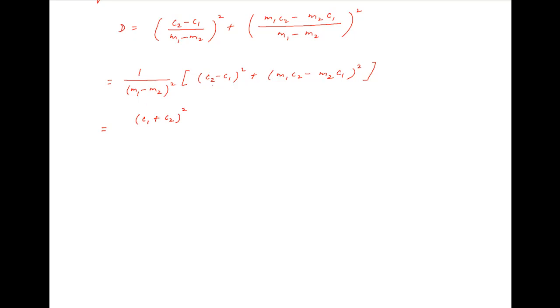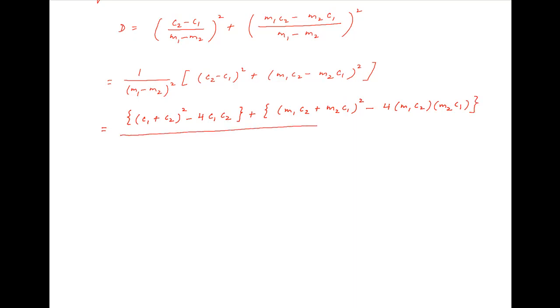This can be written as ((c1 + c2)² - 4c1c2 + (m1c2 + m2c1)² - 4 times m1c2 times m2c1) divided by ((m1 + m2)² - 4m1m2).